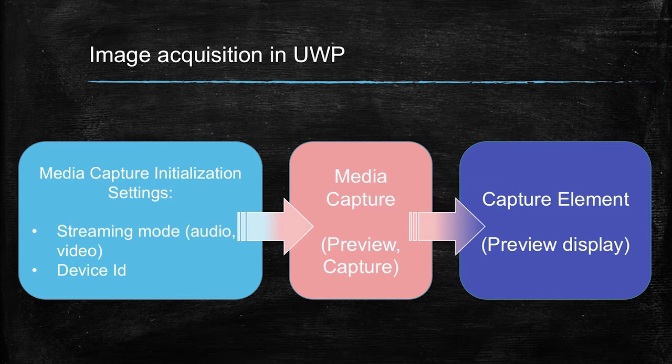I can stream either audio or video, and I can also point to the device I want to use for capture. Here I have the settings which I pass to the media capture, and this acts as the main class which acquires data from the camera, and then the image is displayed in the capture element.